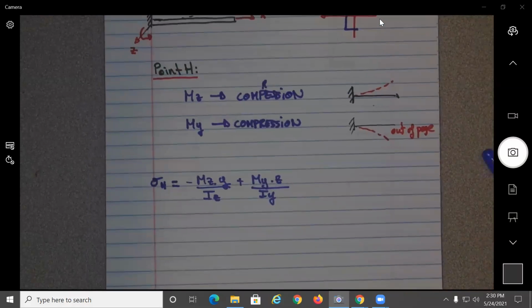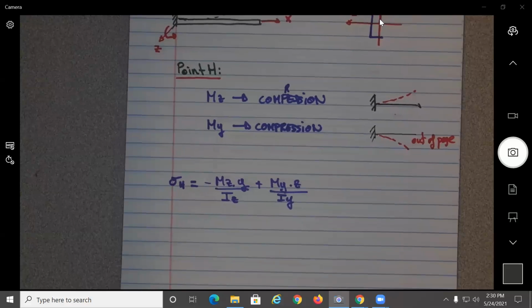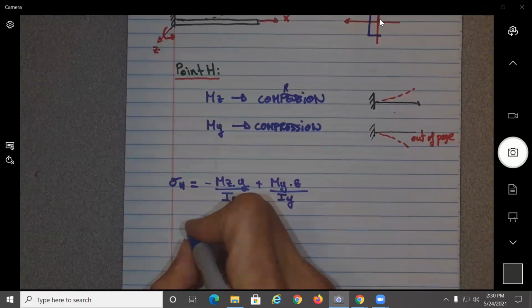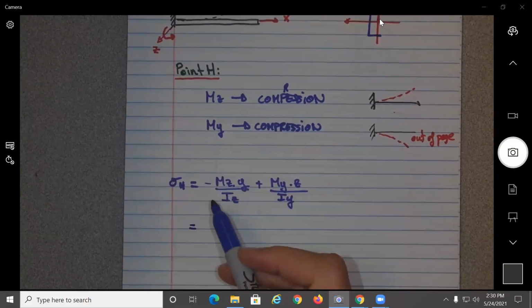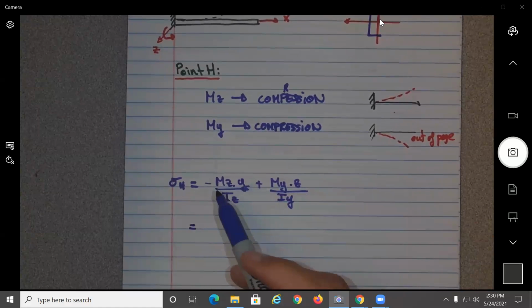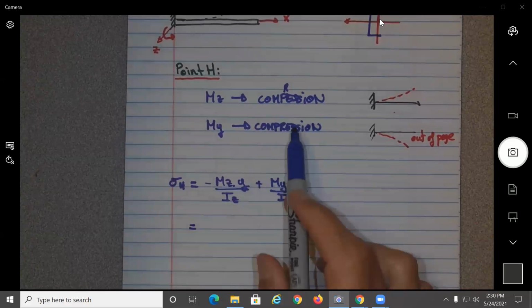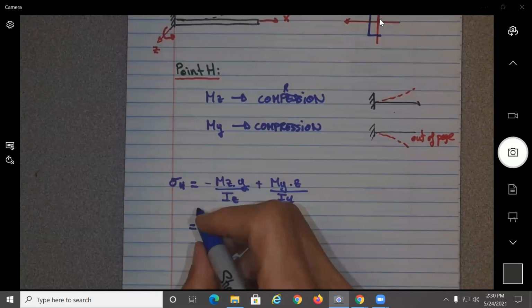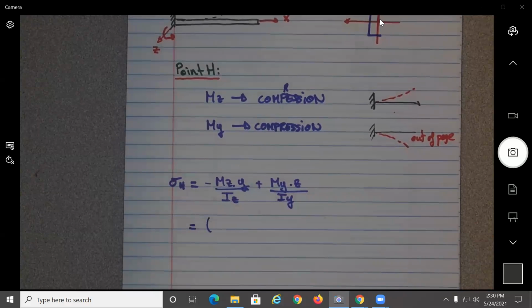So now I can substitute into this equation. Be careful here, because we don't care about those signs anymore. We know that both of these are in compression. What was the moment for Mz? If I have it here, it is 4.87 kilonewton-meters.